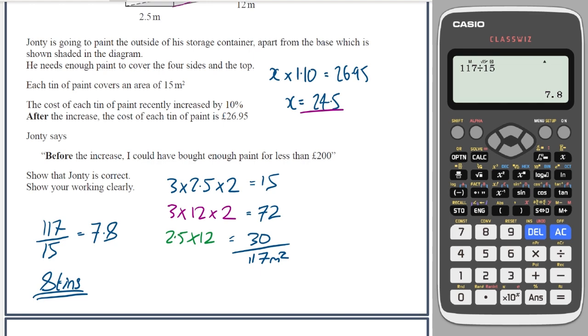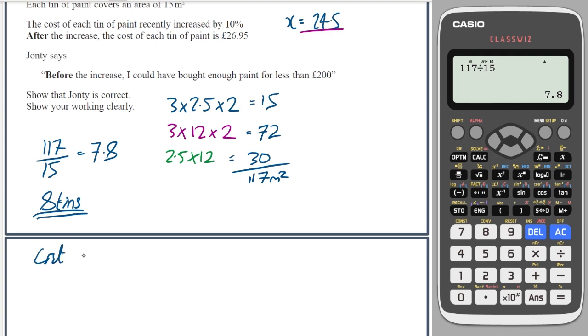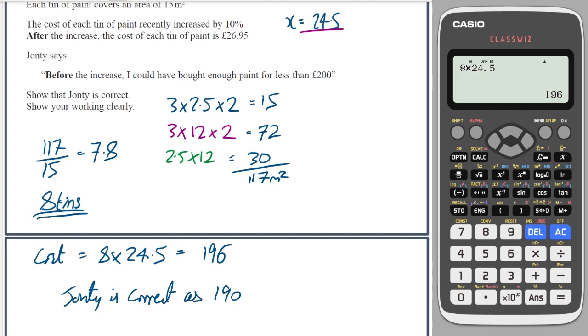And 8 tins is going to cost him 8 multiplied by 24.5. So 8 times by 24.5 is 196. So we can say that Jonty is correct, as 196 is less than 200. Perfect.